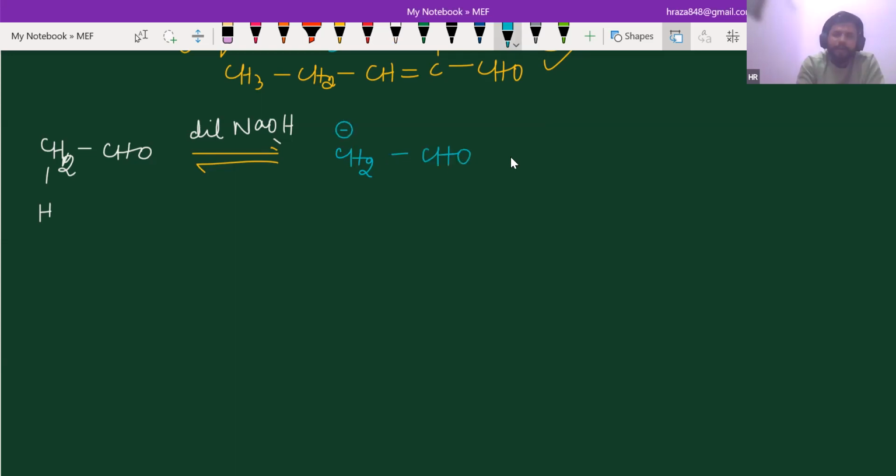Now I am going to take another mole of propanol, and I'm going to make propanol the electrophile. How are you going to make it an electrophile? As you can see, this will be removed here, and this will be as it is.